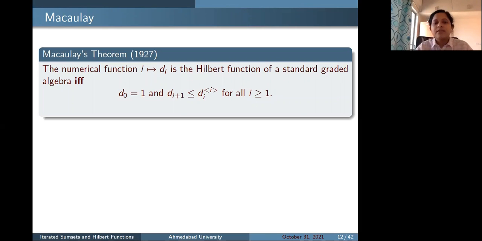Then the necessary and sufficient condition is that d_i should satisfy this: d_0 has to be 1, and d_{i+1} should be upper bounded by this quantity, which is d_i^{<i>}. And this should happen for all i greater than or equal to 1.